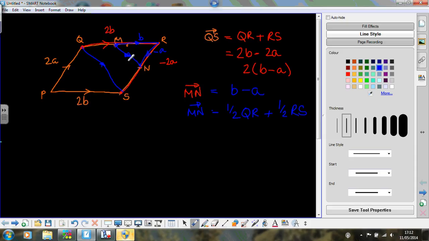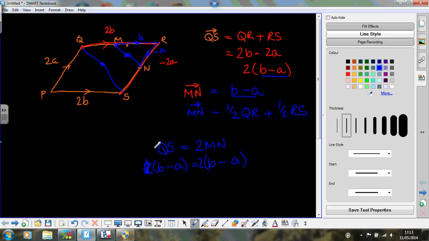Well, what you know is that QS is equal to 2 lots of MN because of the vectors. We've got QS is 2b minus 2a, which is equal to 2 lots of b minus a, because MN is b minus a.